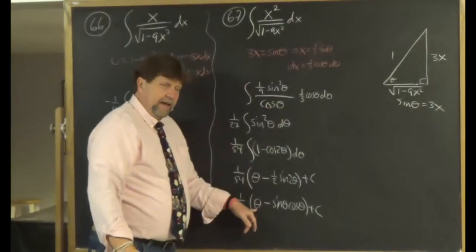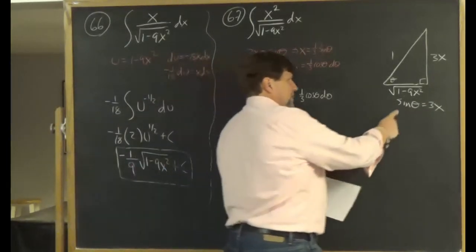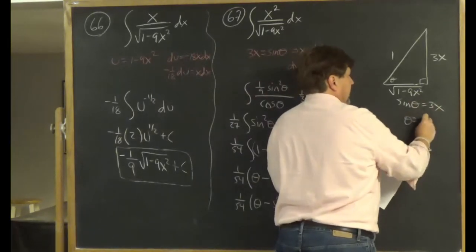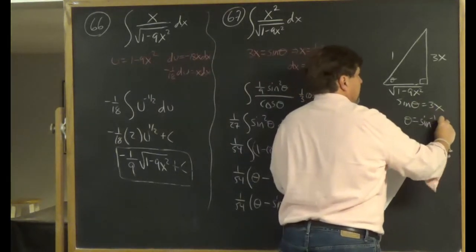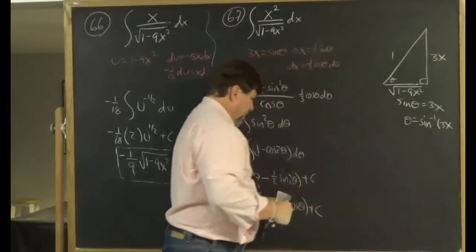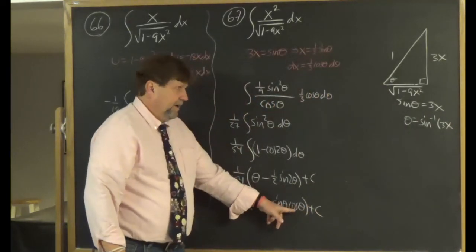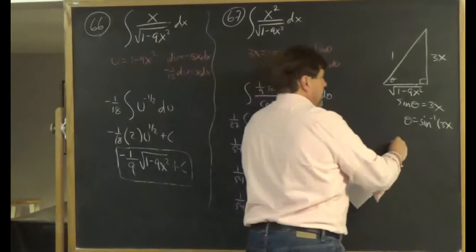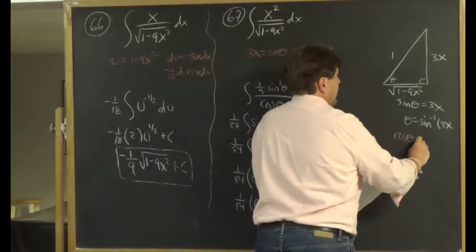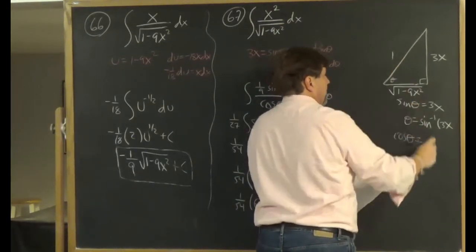We need to know what theta is. Well, if sine theta is 3x, theta is the inverse sine of 3x. We know sine theta. Cosine theta, well, from the right triangle we have cosine theta is adjacent over hypotenuse.